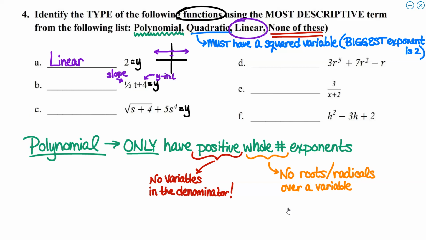They didn't use the variable x. That's okay. That's not what makes something linear or not linear. Maybe they were talking about time. Maybe they were talking about how much money they were going to make over a certain number of hours, and so they decided to use t for time instead of x. It's still showing me this linear relationship.